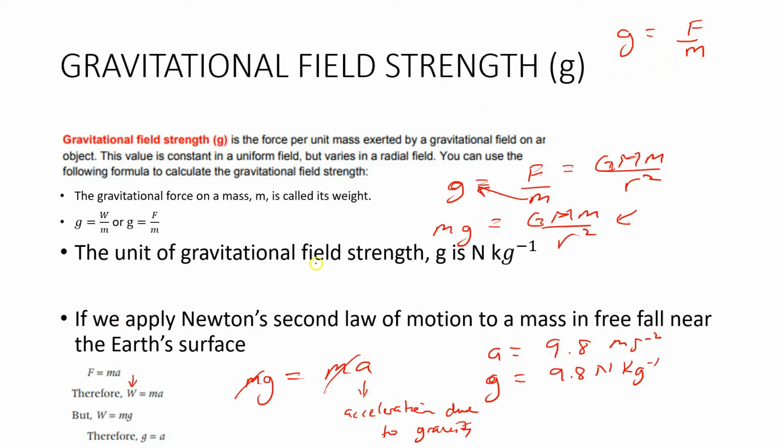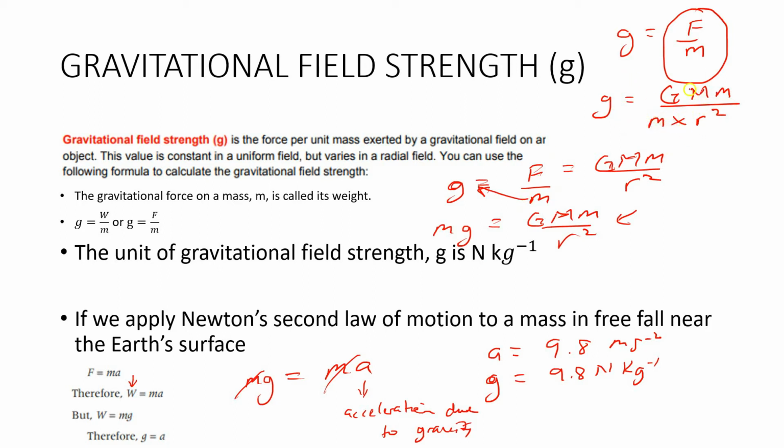Now, if that's the case, and we know that the gravitational force is equal to G times big M times small m divided by R squared, we could substitute that in this formula to get g is equal to the universal gravitational constant times big M times small m divided by R squared, and then there's an m being multiplied right here.